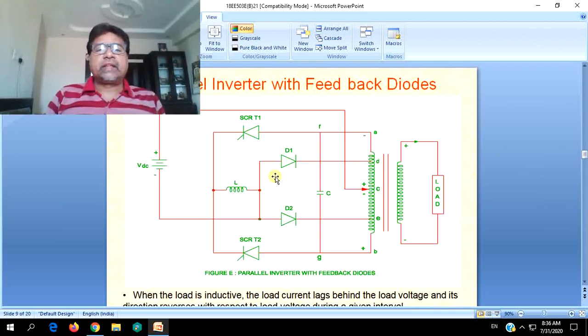You can reckon the same thing and call these feedback diodes as well as freewheeling diodes.